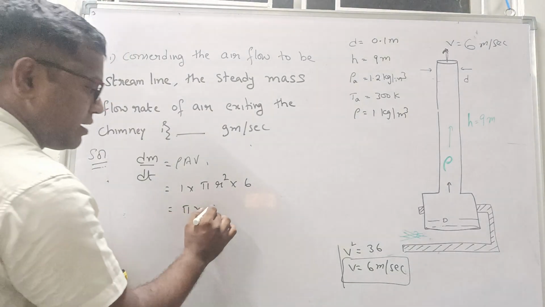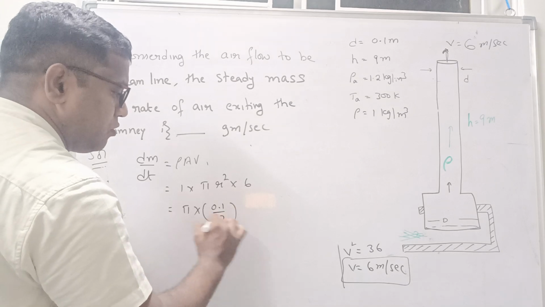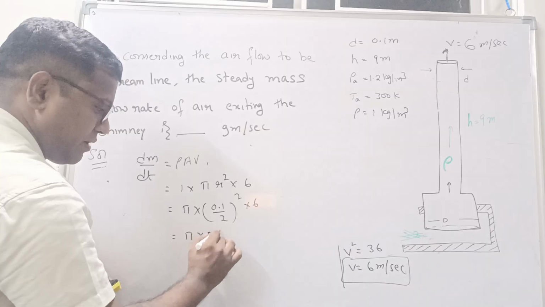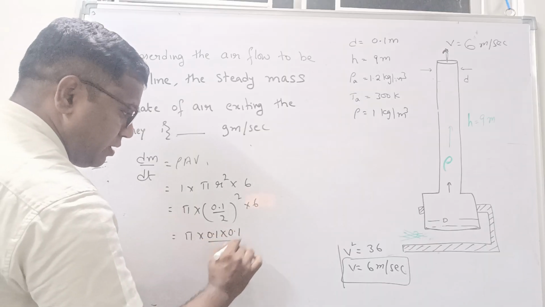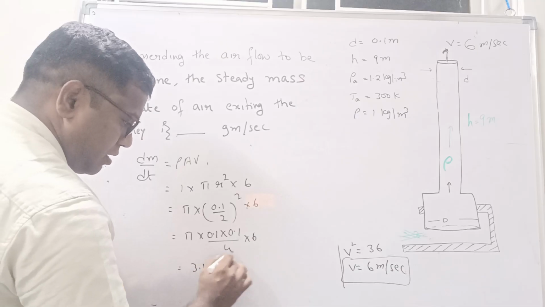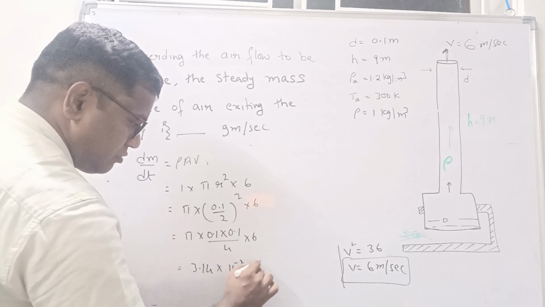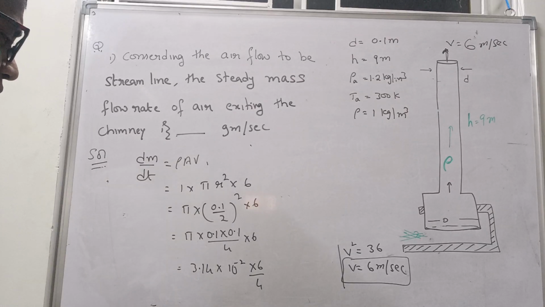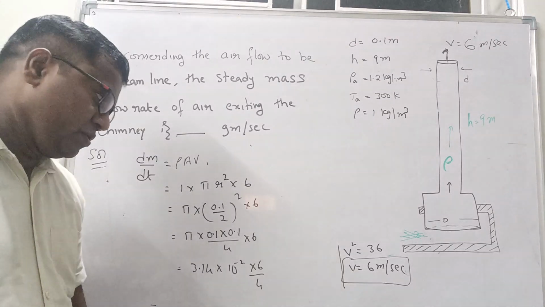So here I will write 0.1 by 2 whole square into 6. So pi into 0.1 into 0.1 by 4 into 6. So here it is 3.14 into 10 power minus 2 into 6 by 4.